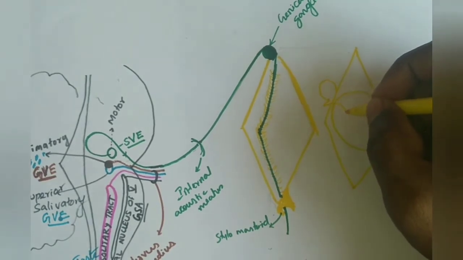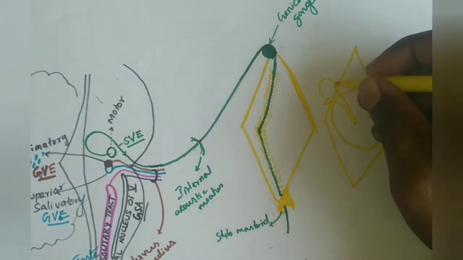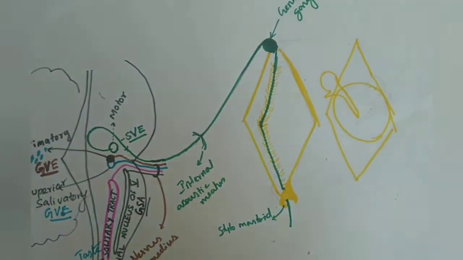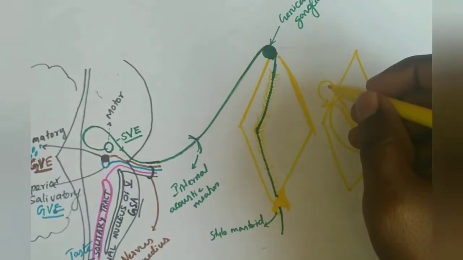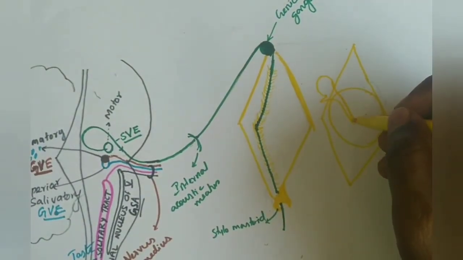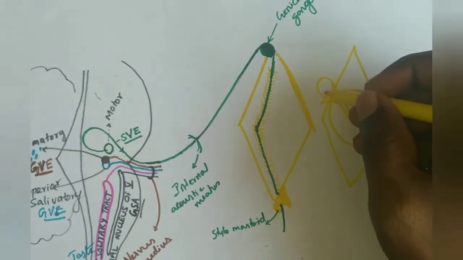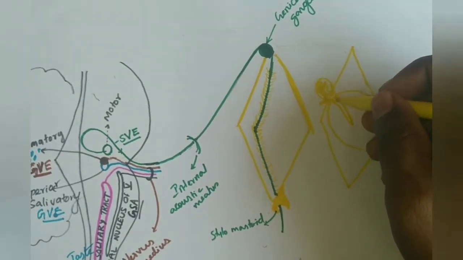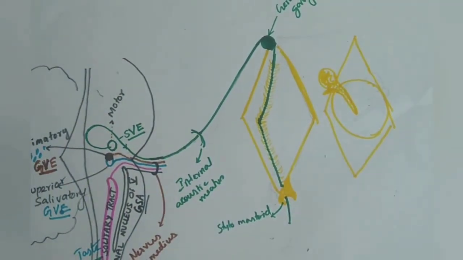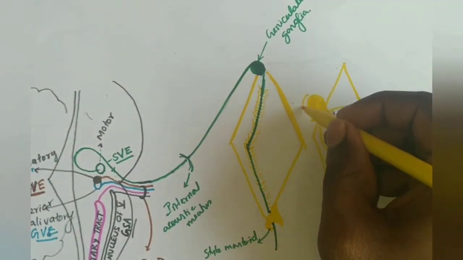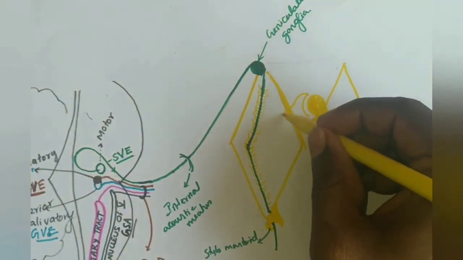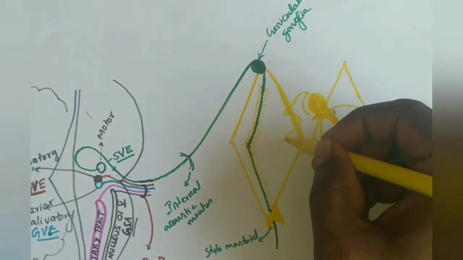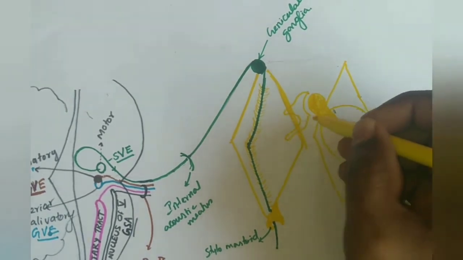This is the malleus. The handle is attached to the tympanic membrane. The incus is attached here. This is the incus.